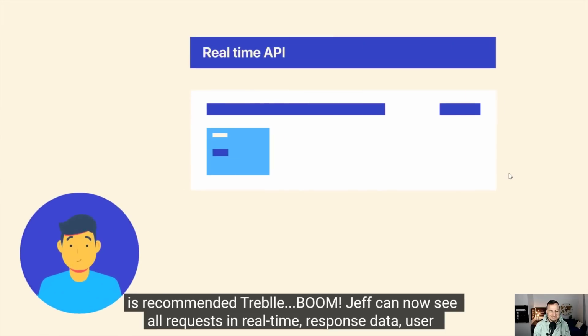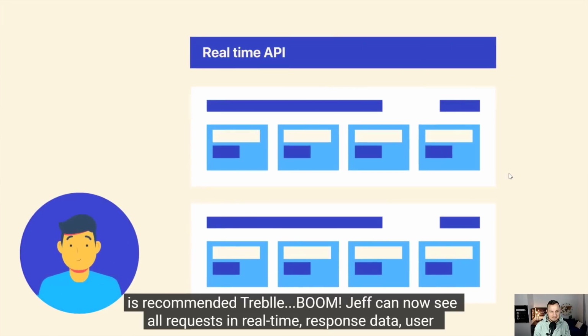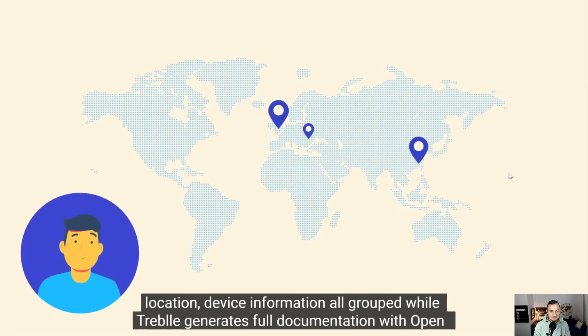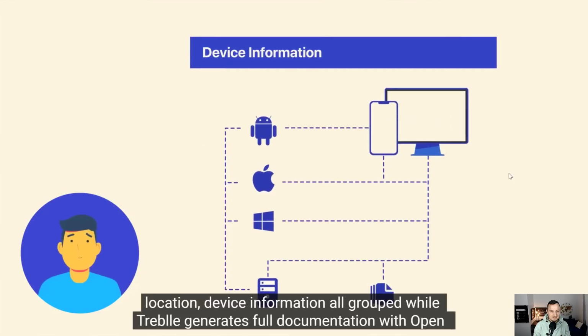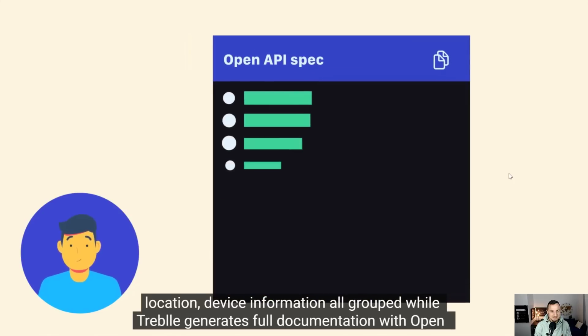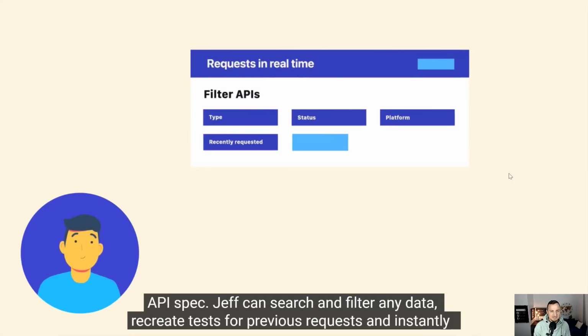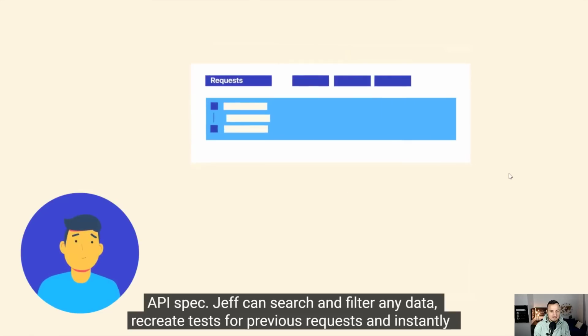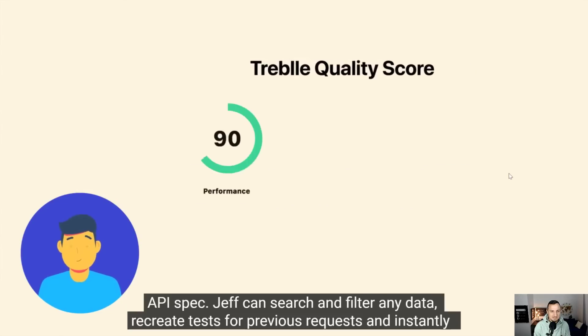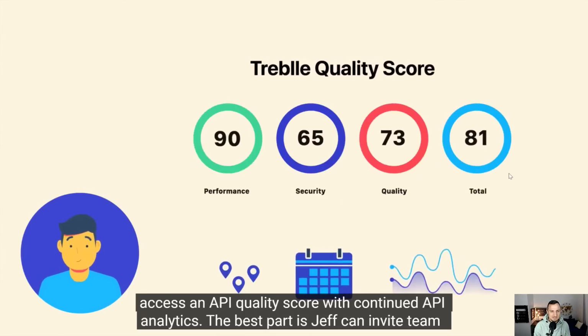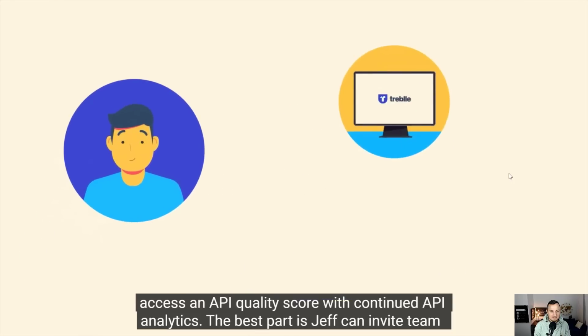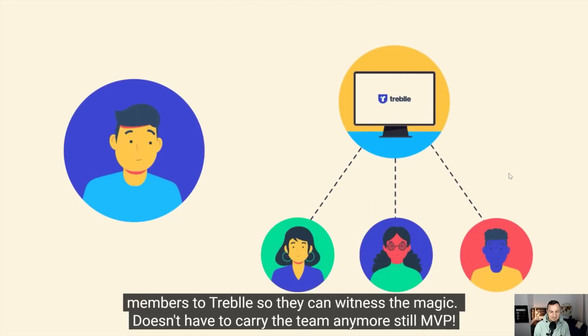Boom! Jeff can now see all requests in real time. Response data, user location, device information, all grouped, while Treblle generates full documentation with OpenAPI spec. Jeff can search and filter any data, recreate tests for previous requests, and instantly access an API quality score with continued API analytics. The best part is Jeff can invite team members to Treblle so they can witness the magic. Doesn't have to carry the team anymore. Still MVP.